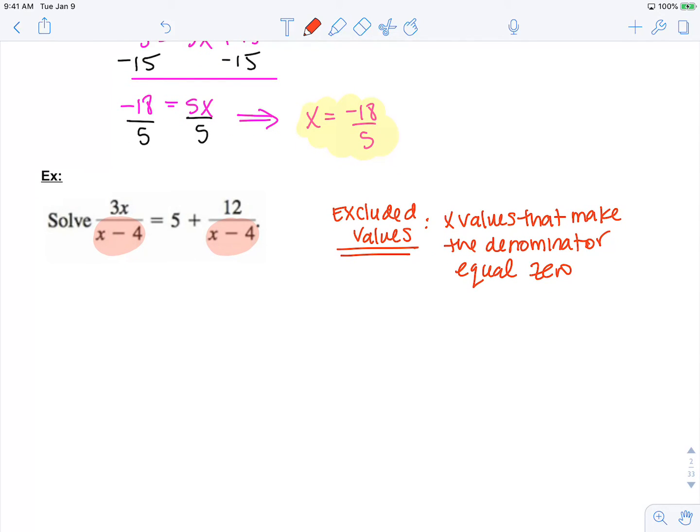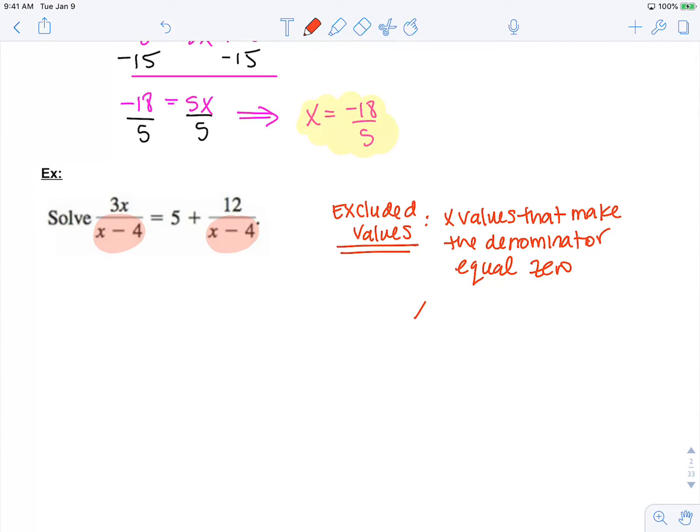So we know for this, x minus 4 cannot equal 0. So therefore, x cannot equal 4. We'll keep that in mind. That is our excluded value. Keep that off to the right here.